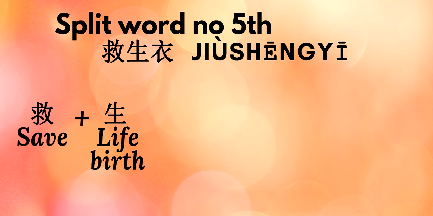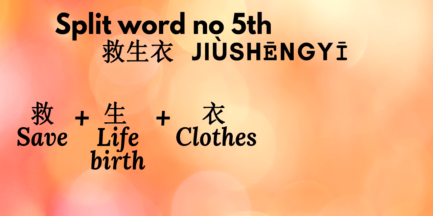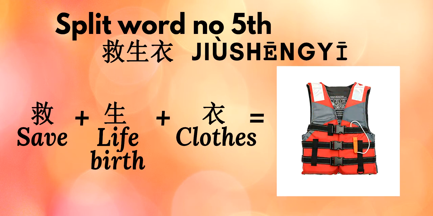And it is added with yī. Yī means clothes, as we studied earlier. So it is the clothes which are used for saving someone's life. What could that be? Yes, this is a life jacket.